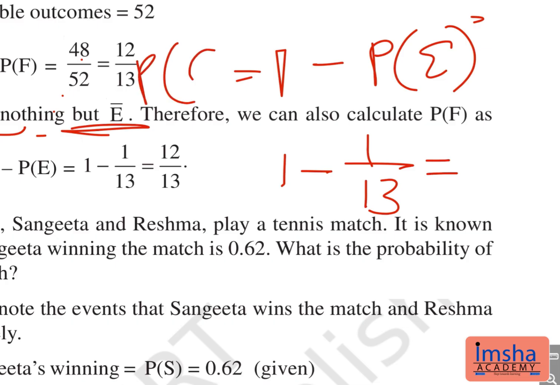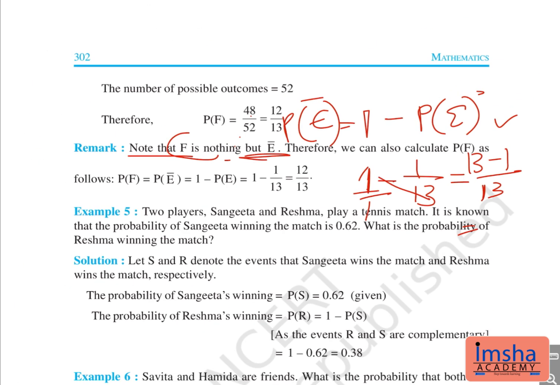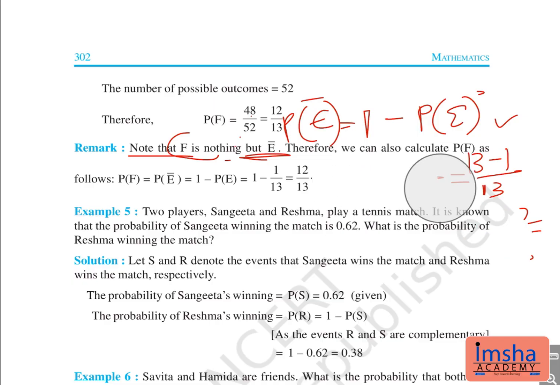P of not happening the event is equal to 1 minus happening the event. This formula I had told you before also. So directly we can solve and cross check. 1 minus 1 by 13, 13 is the LCM. So cross multiplication, 1 into 13 is 13, minus 1 into 1 is 1. That is 12 by 13. Clear? I hope it's clear.